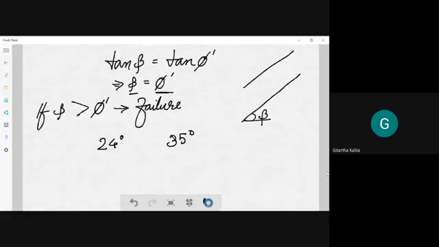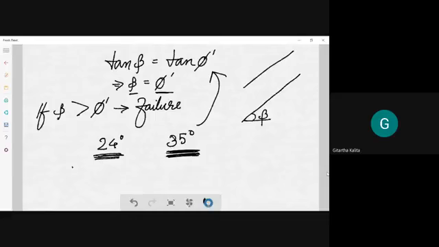This right side value is related to the strength term, because 35 is coming from here, and this left side value is related to the stress term, the applied stress term.